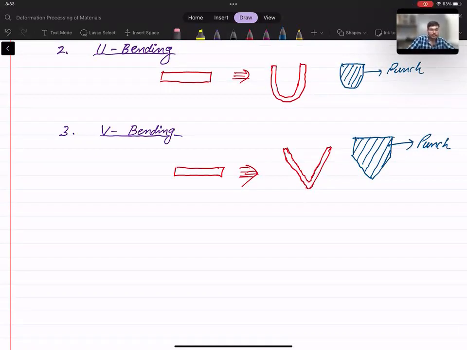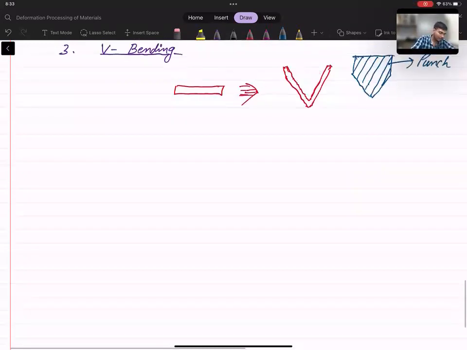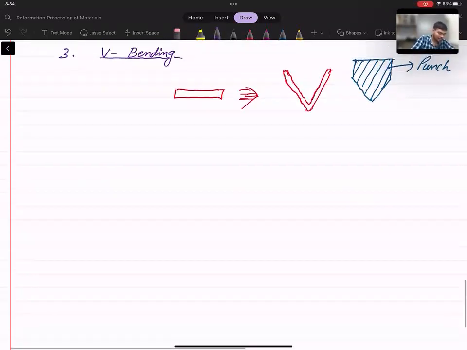And the next one is the offset bending, where a double V type of shape is formed. So next one is known as offset or double V bending.